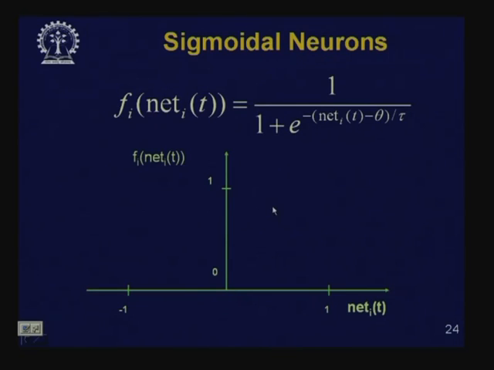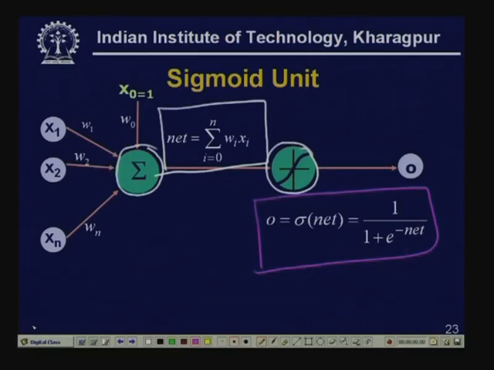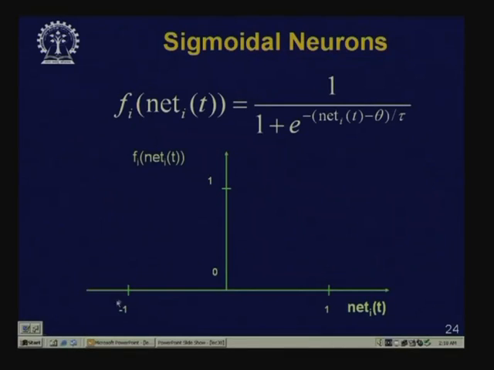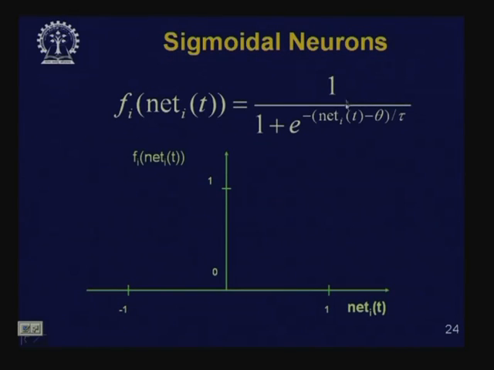Now, a more general form of the sigmoid function is this: 1 by 1 plus e to the power minus (net minus theta) by tau. Theta is the threshold. If theta is equal to 0, the S-shaped function that we get is placed around the origin.